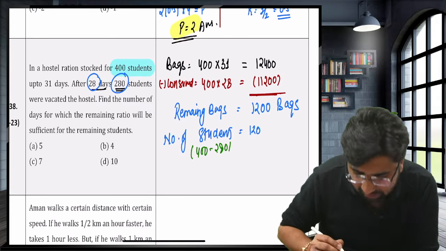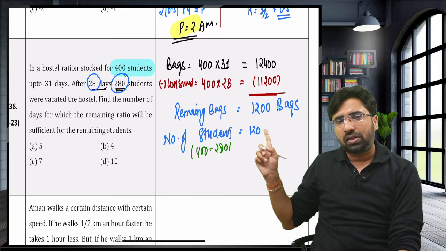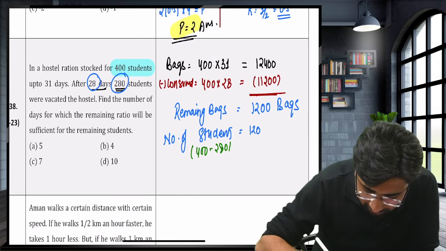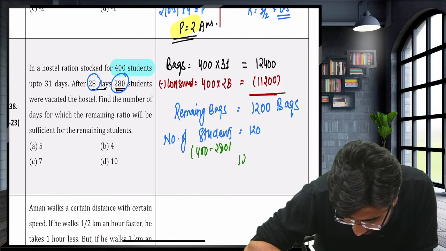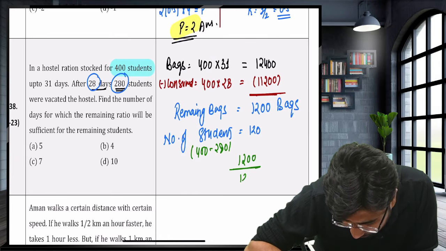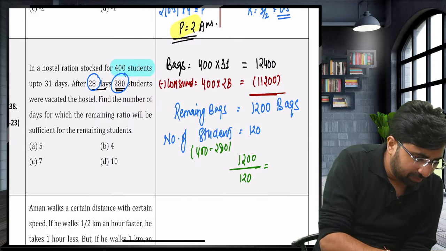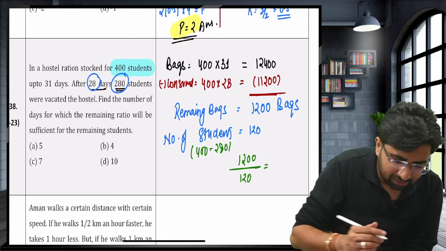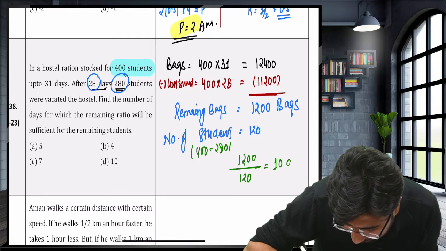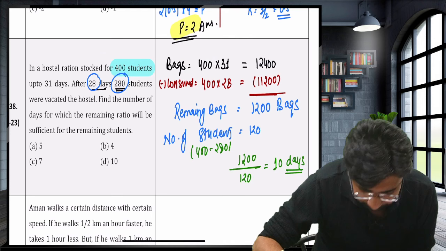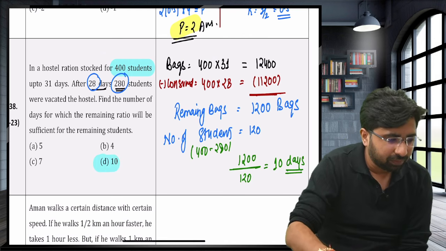Number of students is how much? Guys, 120. Out of 400, 280 left, so 120 remain. Now per day consumption will be 120 bags. So how many days will there be? Sir, you have a total of 1200 bags. Per day you will consume 120 bags. It means in 10 days the ration will be empty. 1200 divided by 120 is 10 days. So the ration will be there for the next 10 days.